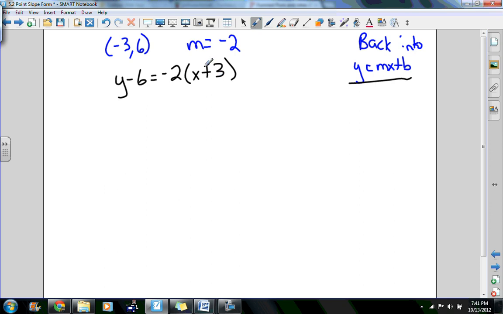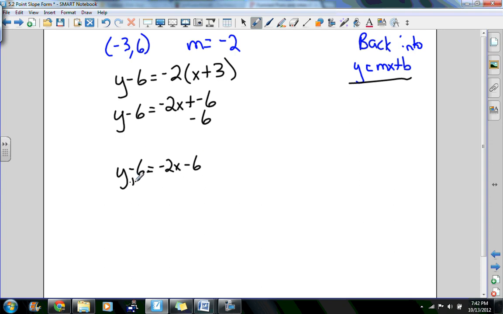Yes, Rachel, we never get rid of it. So I get y minus 6 is equal to negative 2x plus negative 6 or minus 6. Okay, so you could also do minus 6 here. That's fine. Now, on the bottom, I have to add 6 to both sides. So I'm going to rewrite the equation down here just to make it look a little cleaner.